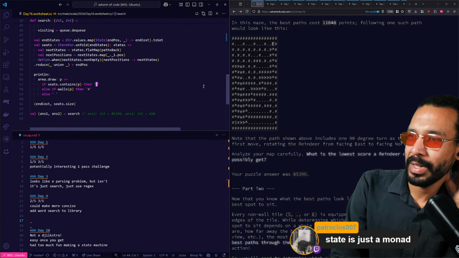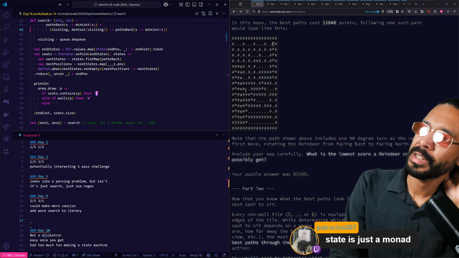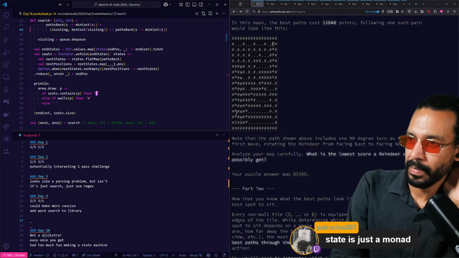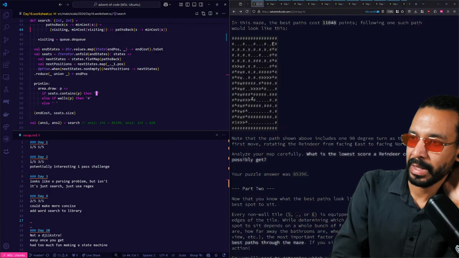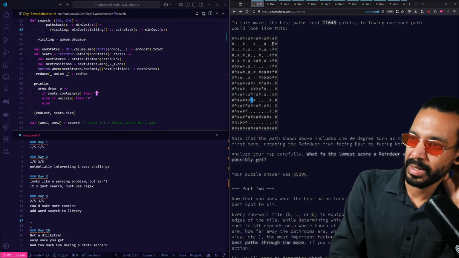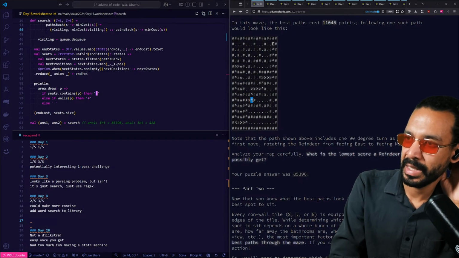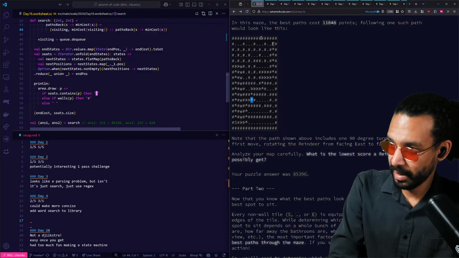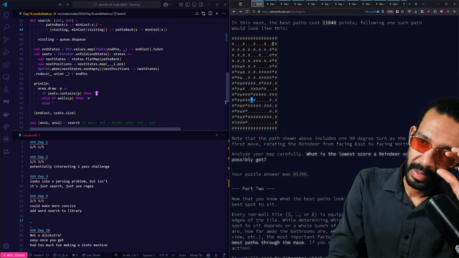Yeah, so for part two here, I was curious if anyone did kind of like a search from the start to the end and the end to the start to see if a path was basically, you know, sum the min cost of either of those two. The problem was that a state is not just your position, so you can't just do the path at that position. You have to have a direction you're facing. Then you have to reverse all the faces or something like that. So I ended up just having a breadcrumb and searching backwards.